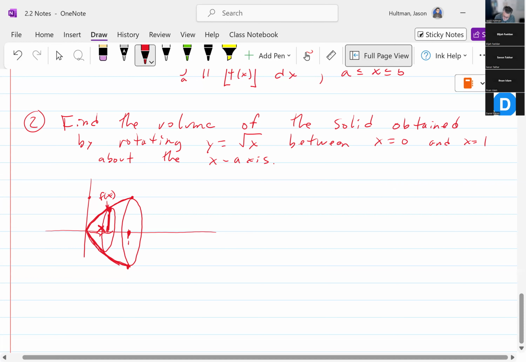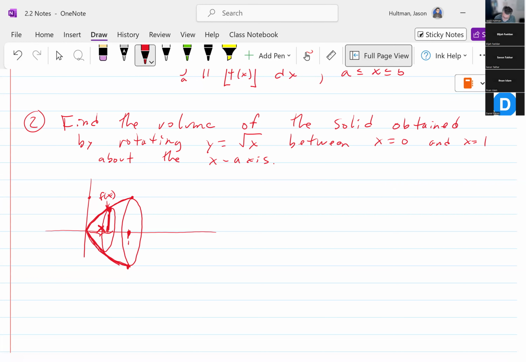And that's going to create the measurement for the radius. Does it make sense? Like, as I revolve this, the height of that function creates that radius for that one slice, for that one cross section, and then we're going to sum up all the infinite slices using integration.